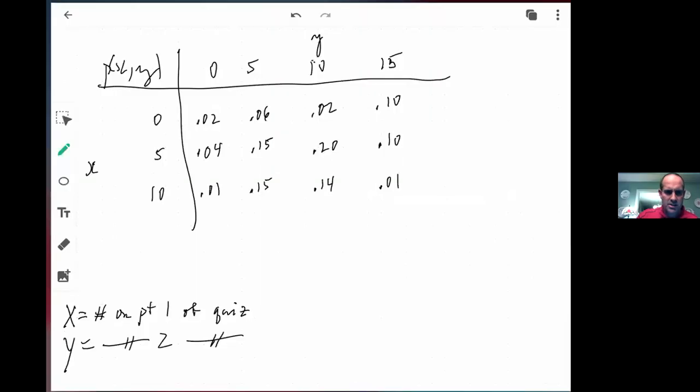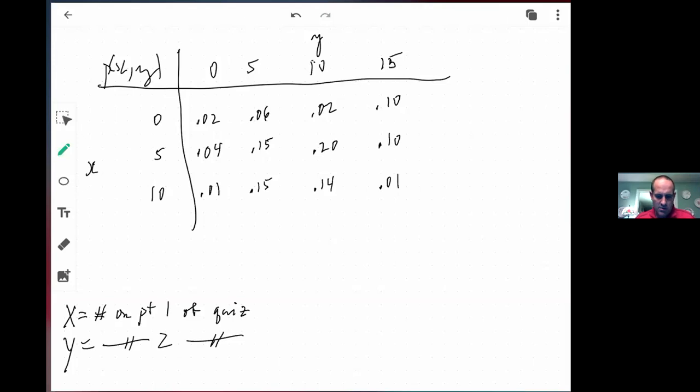Okay, so let's have a look at this. I've copied down the PMF right here for the joint PMF for these 2 random variables. And just to remind you, X is the number on part 1 of the quiz. Y is the number of points on part 2 of the quiz. Apparently, you can get 0 or 5 or 10 or 15 points on part 2, and you can get 0 or 5 or 10 on part 1.